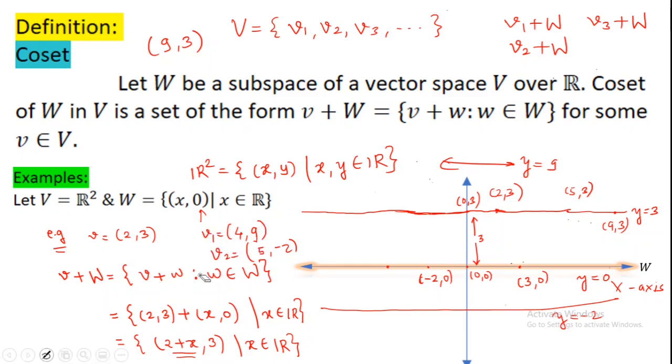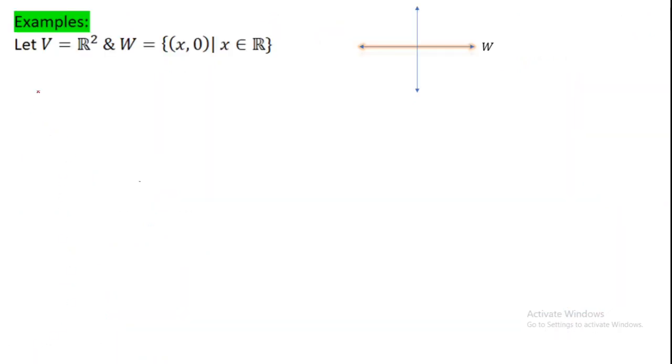If you explore in a similar way, you will find that that line is going to contain the point 4, 9. Similarly, for this point, we are getting the coset y is equal to minus 2. So this line is also going to contain the point 5, minus 2. So what I want to do is, I want to make a general statement.